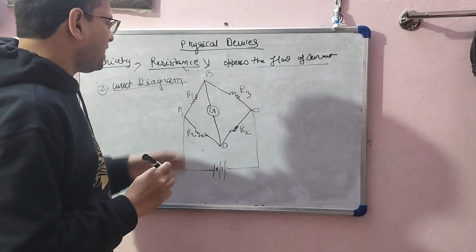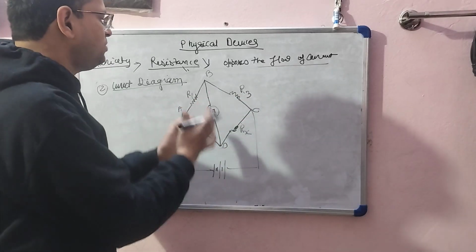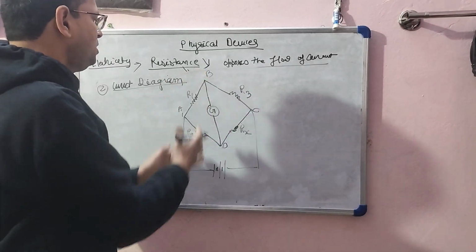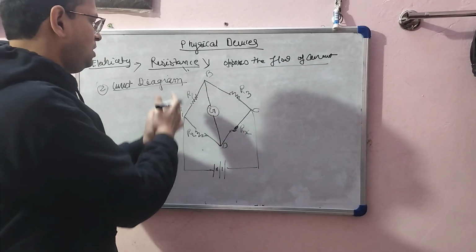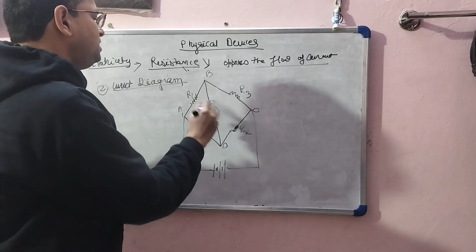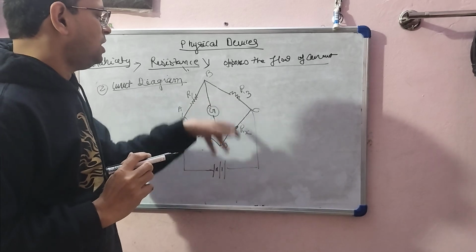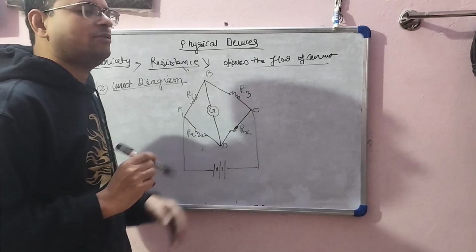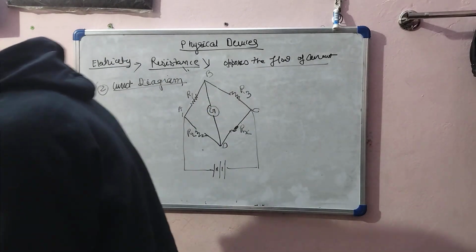In this diamond-shaped Wheatstone Bridge diagram, we manage the resistances R1, R2, R3 until there is a zero deflection condition of the galvanometer. At that point, we can accurately measure the value of the unknown resistance.